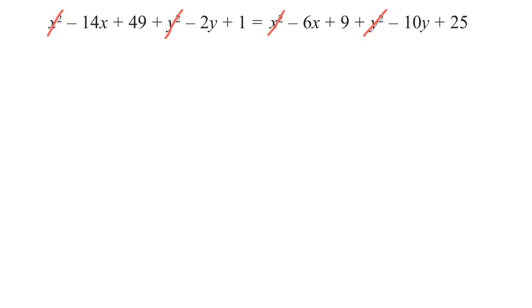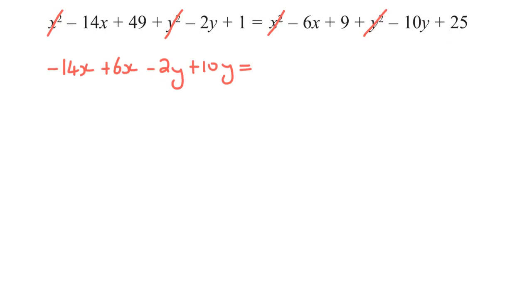So minus 14x, and when I bring the minus 6x on this side, it will become plus 6x. And then I have minus 2y. I bring the minus 10y on this side, on the left hand side of the equal sign, it becomes plus 10y equal to 9 plus 25 is 34.